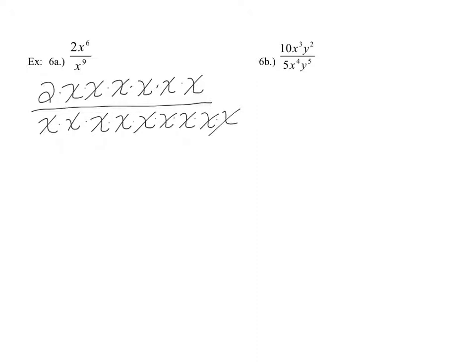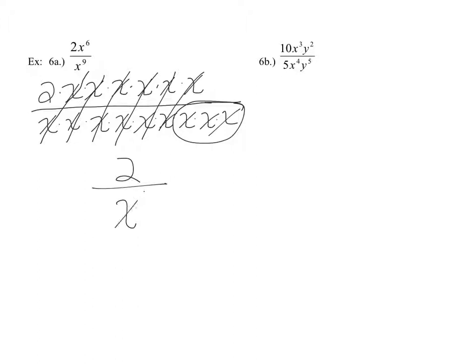Now think about what we did when we were in expanded form. The x divided by x is 1. So we're actually going to cancel out a total of 6. And what I have left is 3 x's on the bottom. Those have to stay on the bottom. They're in the denominator. So this is a fraction. So my final answer, on the top I have a 2. On the bottom I have x to the 3rd.